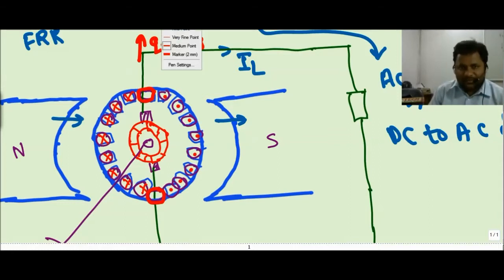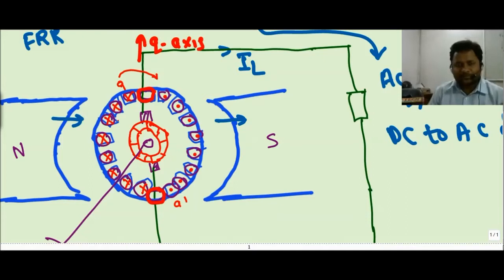Let us suppose this is conductor A and this is conductor A dash. If the conductor passes through the brush axis, it will change its polarity.